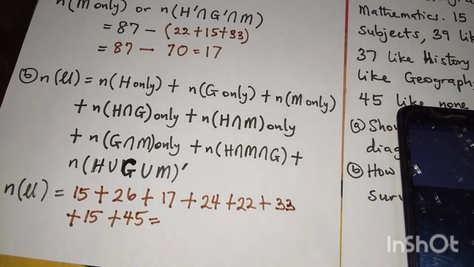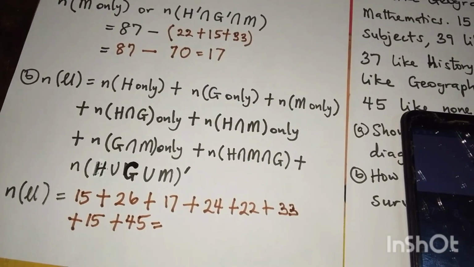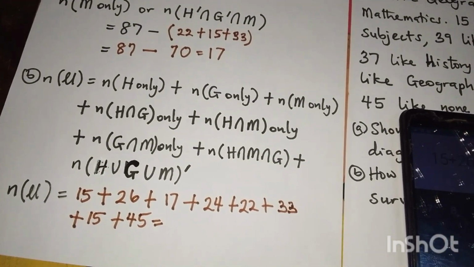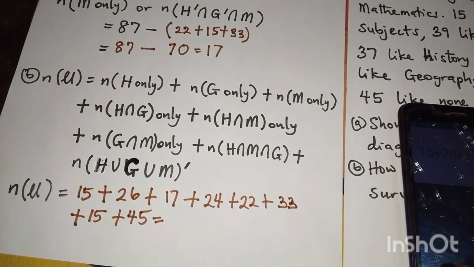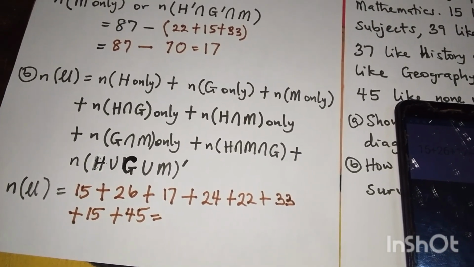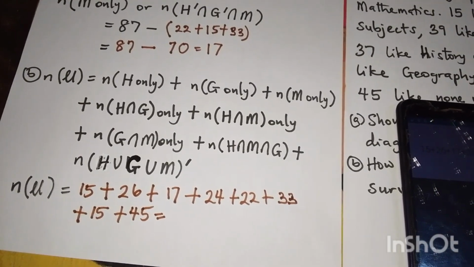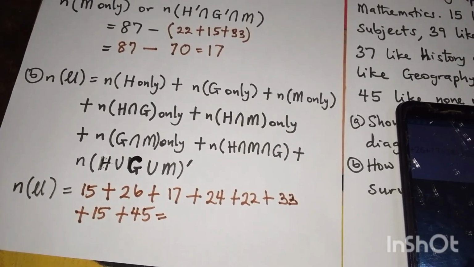So that is 15 plus 26 plus 17 plus 24 plus 22 plus 33 plus 15 plus 45.